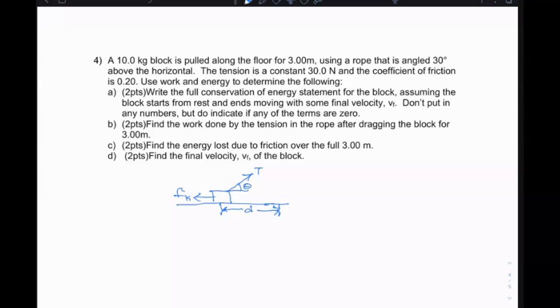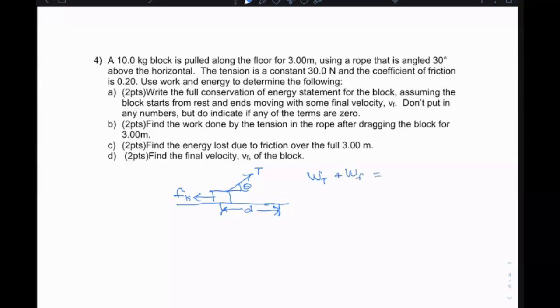So here's how you would write that, just applying the energy principle. The work being done on the block is that due to the tension, plus the work done by the friction.